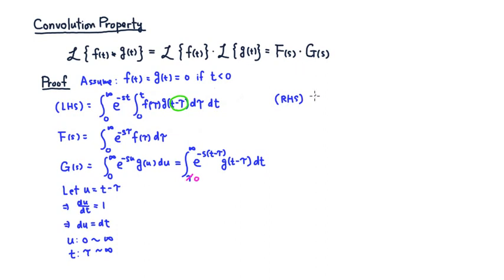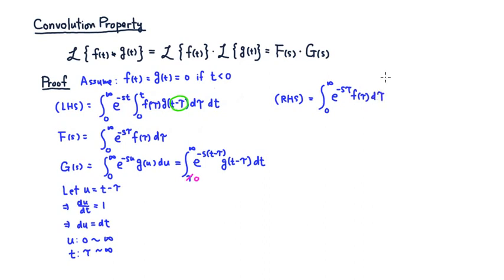So this is going to be equal to, we have F of s is going to be the integral from 0 to infinity of e to the negative s tau f of tau d tau.